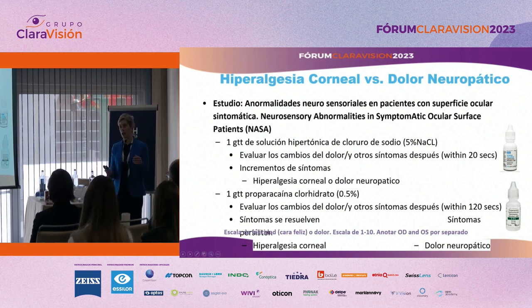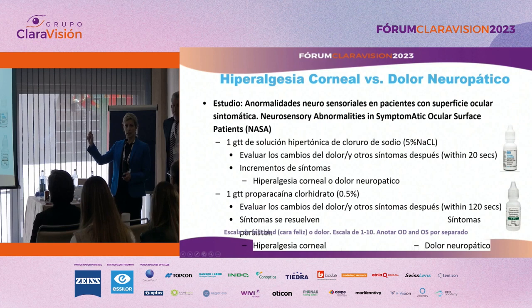Oh, it's a 5. How does your left eye feel? It's a 5. You put a drop of the hypertonic saline in, you wait 20 seconds, and then you say, how does it feel? And if it increases by 2 or more points, then you know they have corneal hypersensitivity, because it stings a little bit, but it shouldn't sting very much.